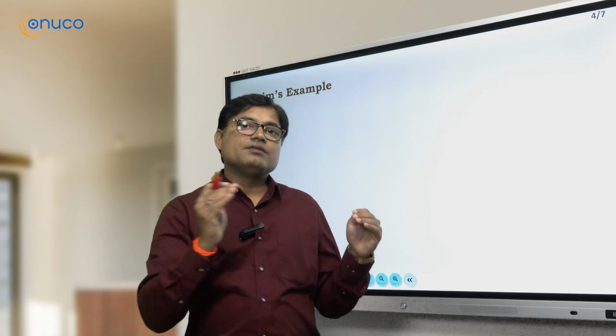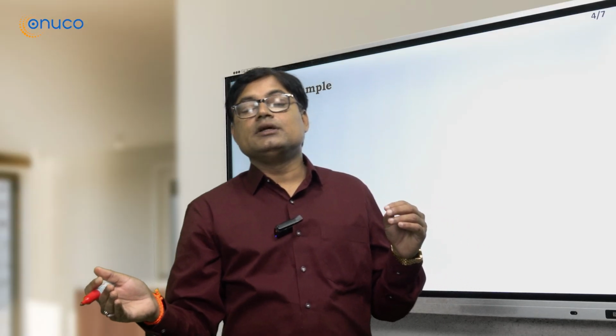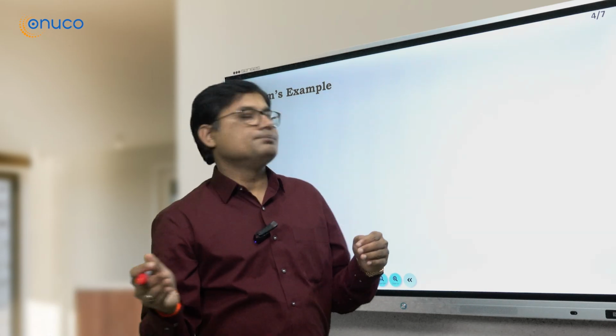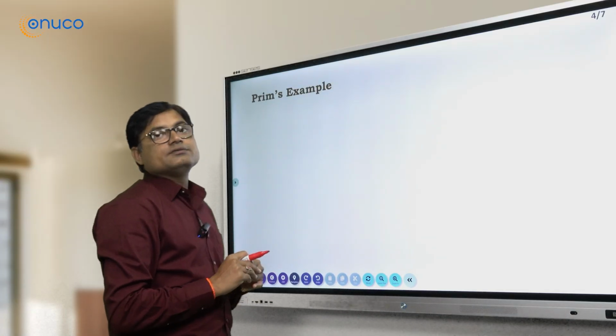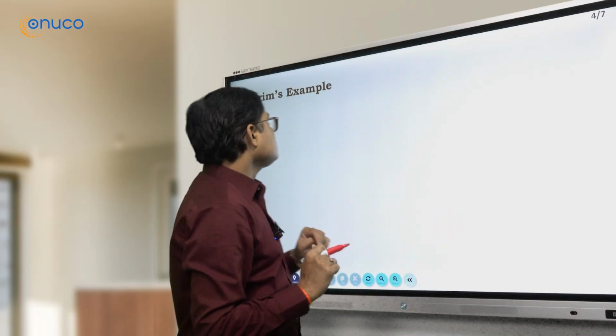There are two ways of converting a graph, adjacency matrix as well as adjacency linked list, to give the input to the program. So here we are talking about the adjacency matrix. And which kind of graph is it? It is a weighted connected graph.